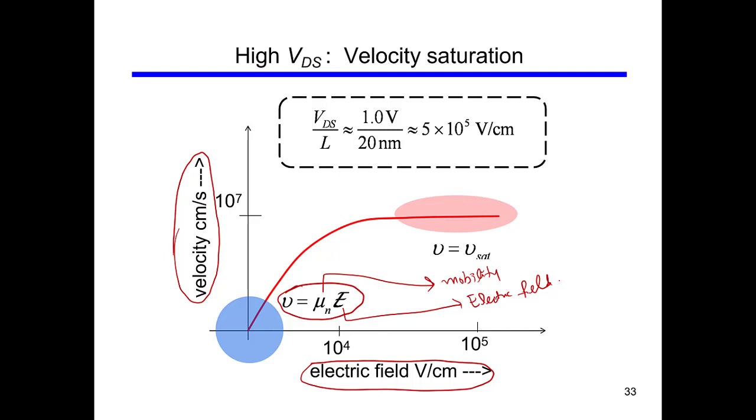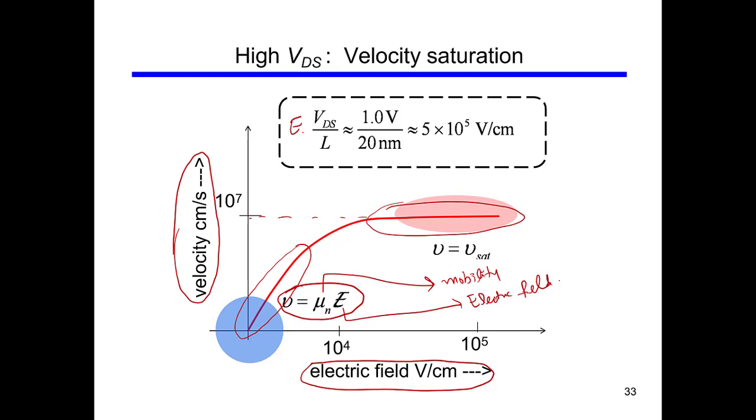In the initial stage, when you increase the electric field, the velocity increases, but there is a point at which the velocity saturates and you cannot increase the velocity beyond that point.